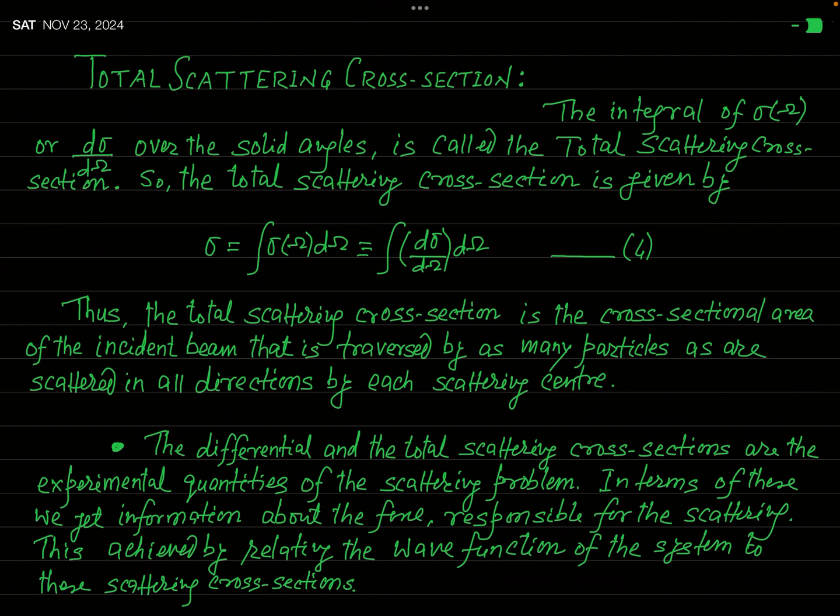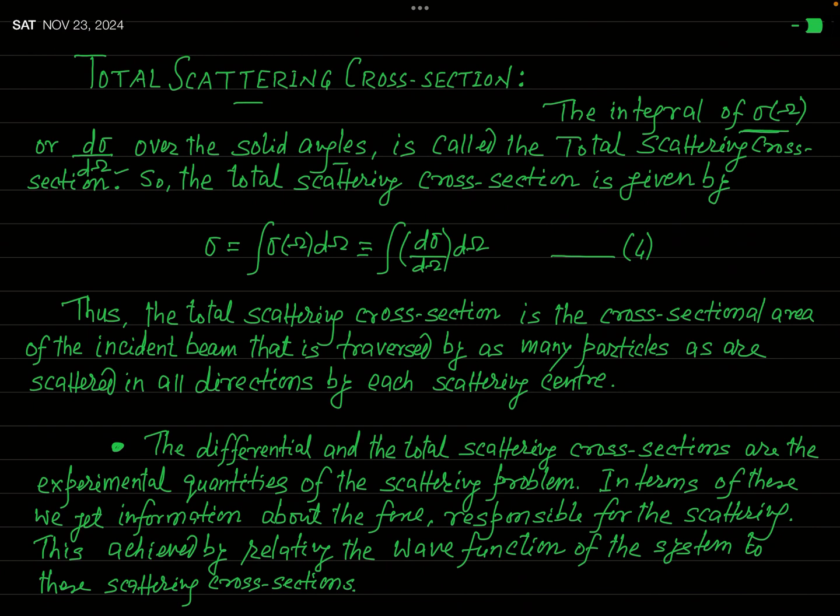So after getting the idea of differential scattering cross section, now you can see what this total scattering cross section is. It is obvious from its name that the total scattering cross section will be simply the integral of the differential scattering cross section sigma of omega, or d sigma by d omega, over the solid angles.